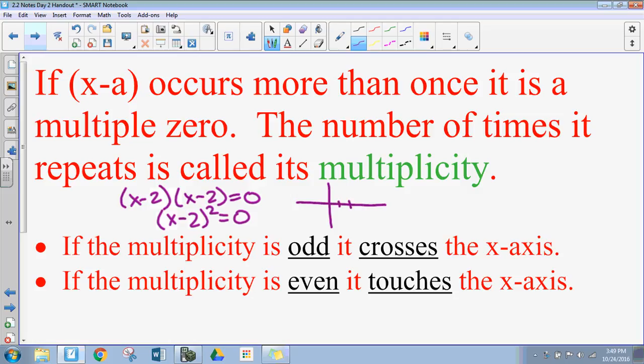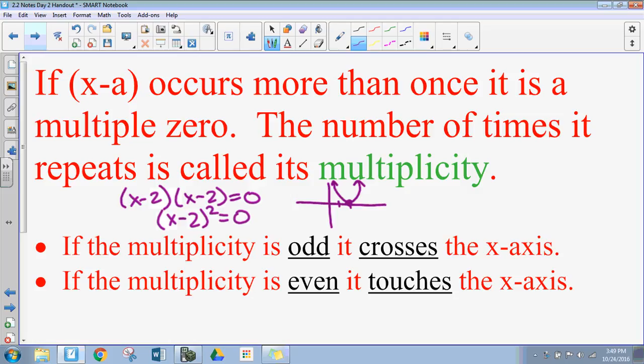What it looks like is a parabola that's got the vertex on the x-axis. So what's happening there is it's going to have a multiplicity. That 0 is happening twice. That tells us what happens at the x-axis. If it occurs more than once, it is a multiple 0. The number of times it repeats is called a multiplicity. So in this case, the multiplicity is 2.